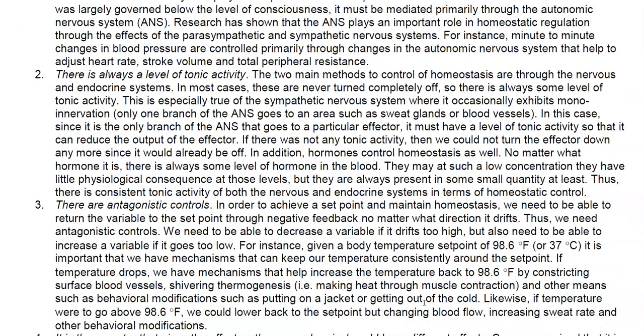Number 2, there's always some level of tonic activity. Number 2 indicates that there's always some level of activity going on, and in that activity, there's some level of whatever's happening, whether it's tonic control for a nerve or some level of hormone.